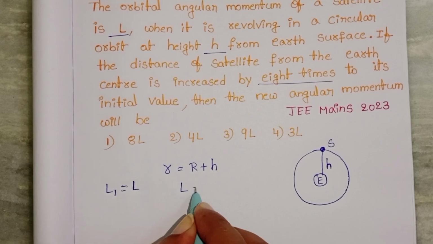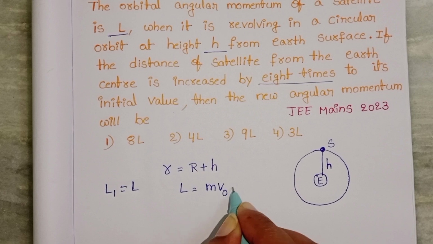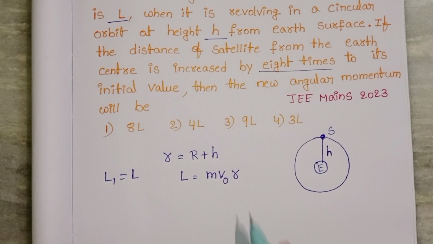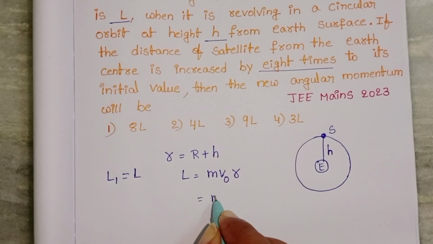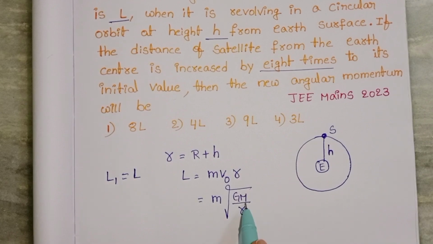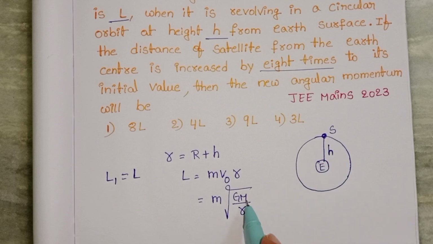Angular momentum formula: mass of the satellite times orbital velocity times distance of the satellite from the Earth center. Orbital velocity formula: square root of GM by r. Orbital velocity depends upon the mass of the Earth, not the mass of the satellite, so here capital M is the mass of the Earth.